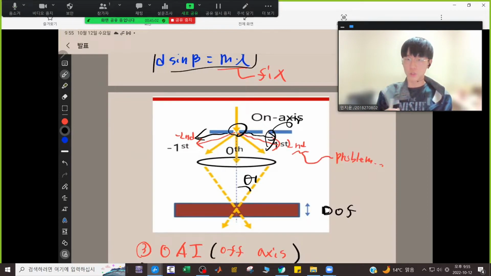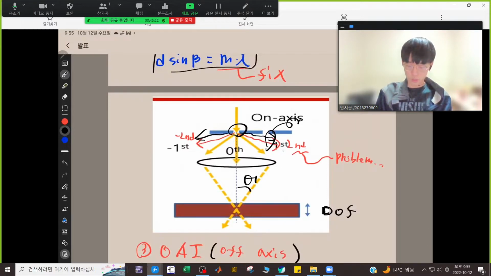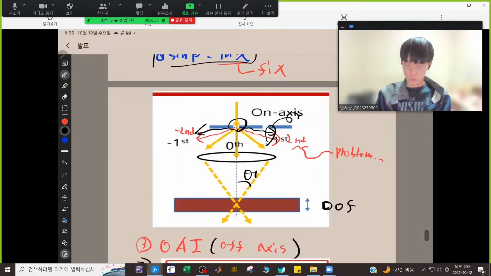So if we want a good pattern, we should project these high order diffraction waves to the wafer. But in this picture, the high order diffraction waves can't be projected to the wafer, so this picture doesn't get a good nano pattern.